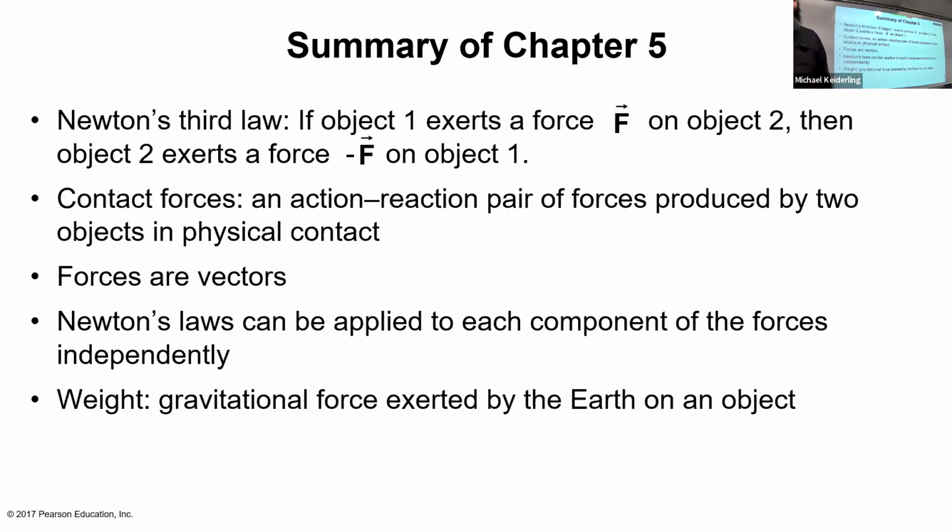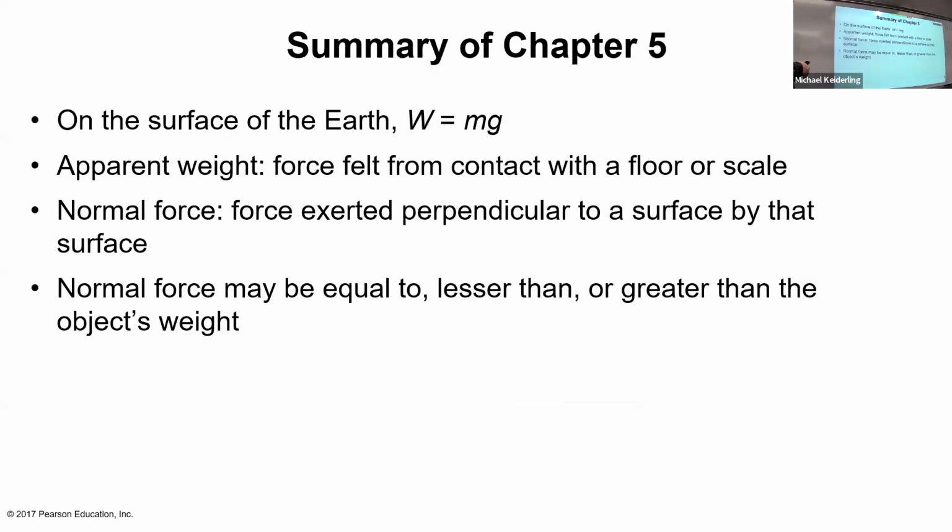Weight is the gravitational force exerted by Earth on an object. On the surface of the Earth, weight is mass times g. Apparent weight is the force felt from contact with the floor or scale. It changes when you're in an accelerating reference frame.